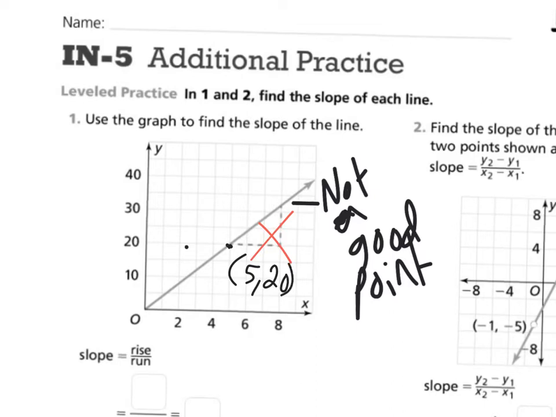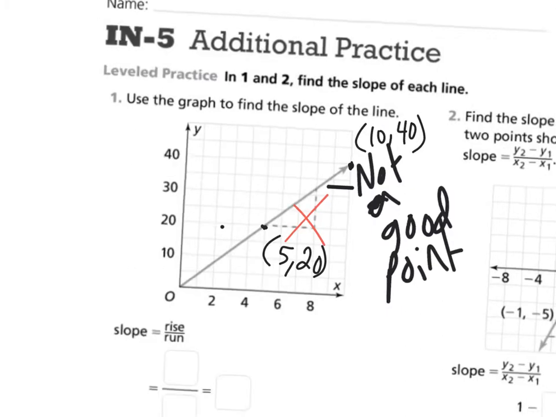Another point that the line goes through right on the edge of the graph here is actually the point (10, 40). You might notice (0, 0) is a point that this line goes through. Just to make things a little interesting, not all points are going to go through (0, 0) like we were mainly talking about in the first part of the lesson the other day. So let's just go with these 2 points, (5, 20) and (10, 40).